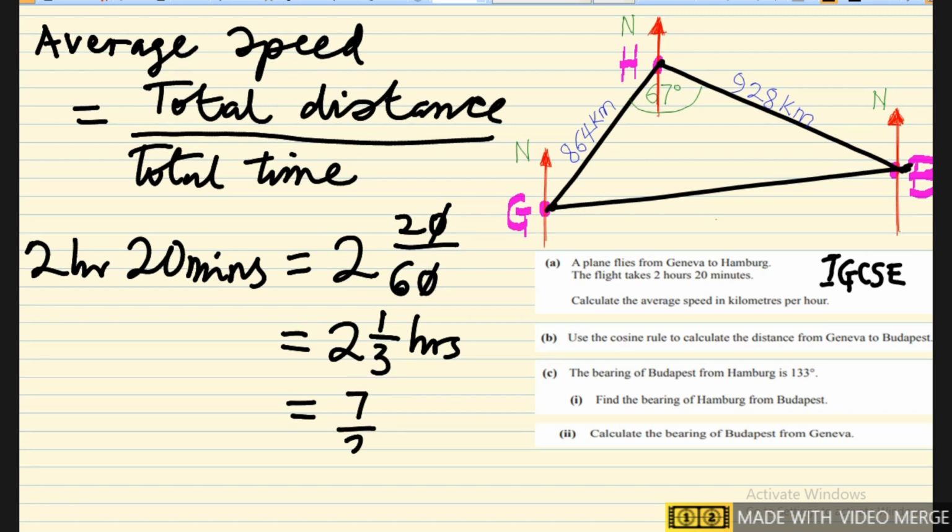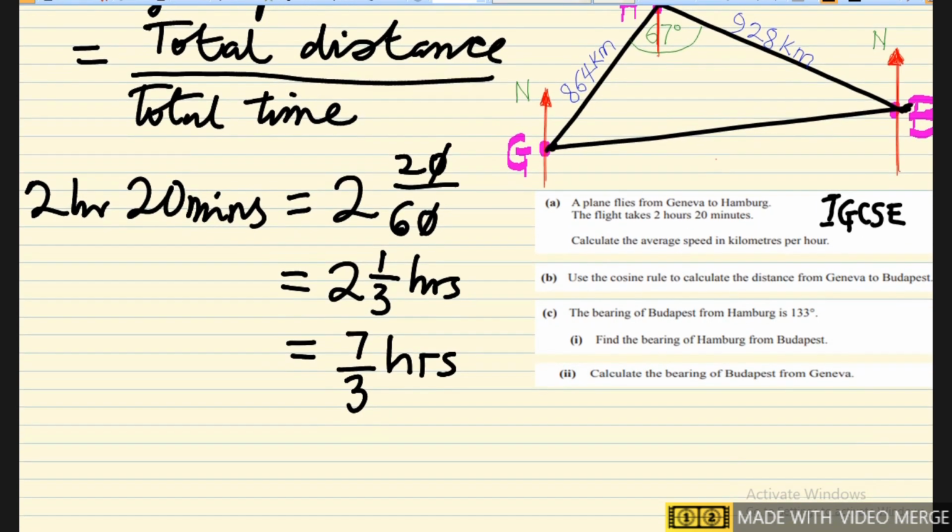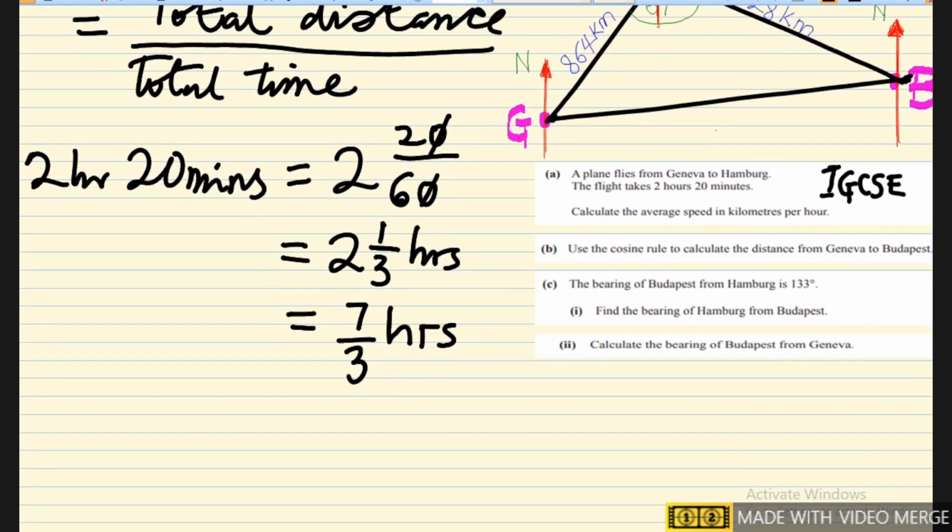Let's keep it in fraction to avoid any loss by rounding. So we plug that into our formula: average speed is equal to total distance divided by total time.